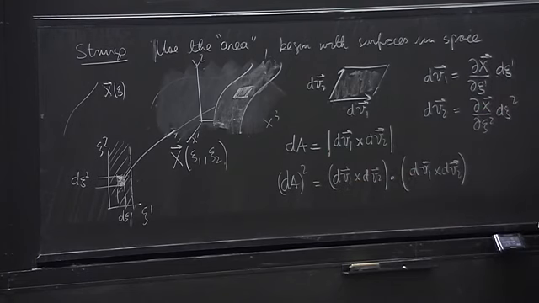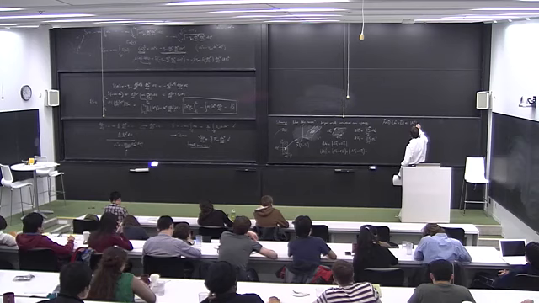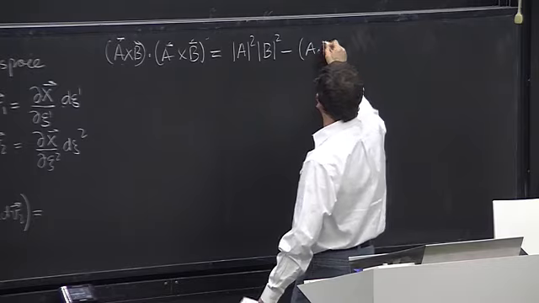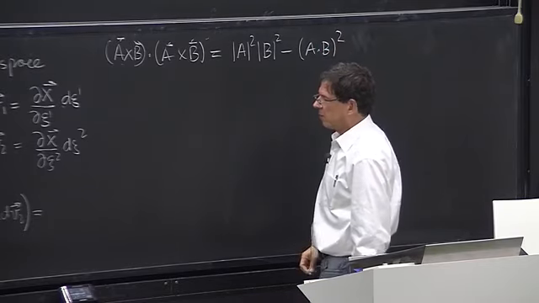Now, you may also remember from vector calculus that if you have A cross B dot A cross B, doing a little bit of work, this is equal to A squared B squared minus A dot B squared.